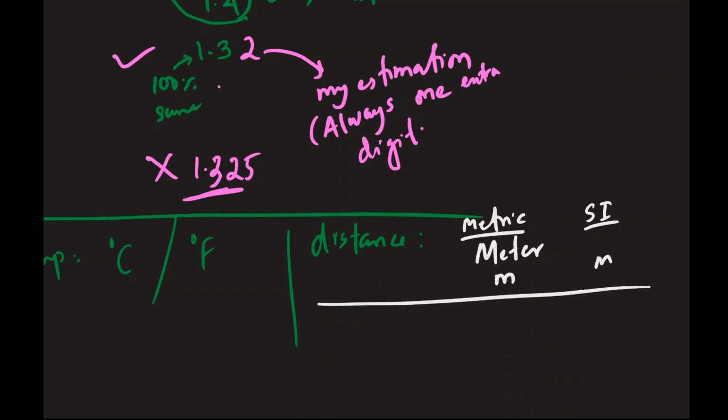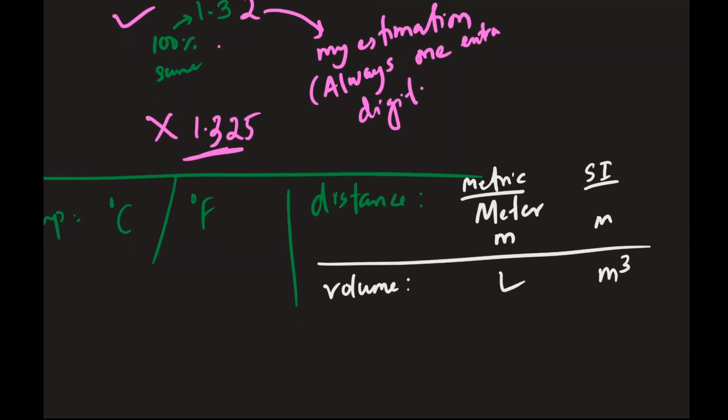Then what else can we measure? We can measure volume. How much milk did you buy? You bought 1 gallon? No, don't use gallons, right? The scientific metric unit is liter, and the SI unit is cubic meter, m cubed, m to the power of 3.